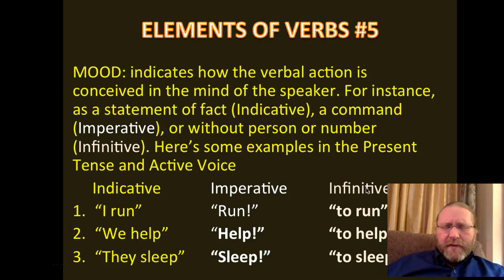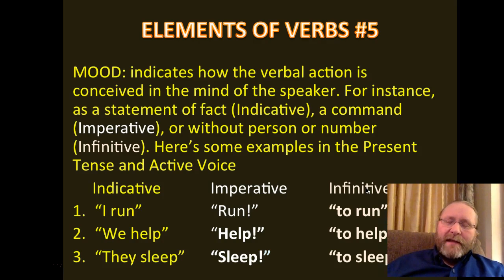The third mood that we're going to learn, and we're not going to learn subjunctive until 112, so I hope you stick around so you can say something conditionally, is the third mood that we're going to be dealing with right away: infinitive. Now, in some ways, infinitive isn't a mood, but just bear with me. The infinitive mood of a verb lacks a person and a number.